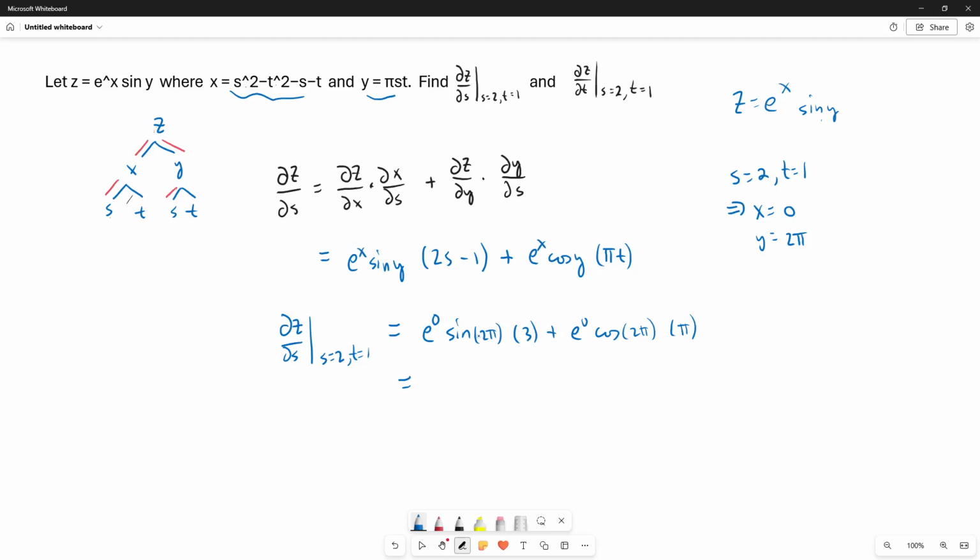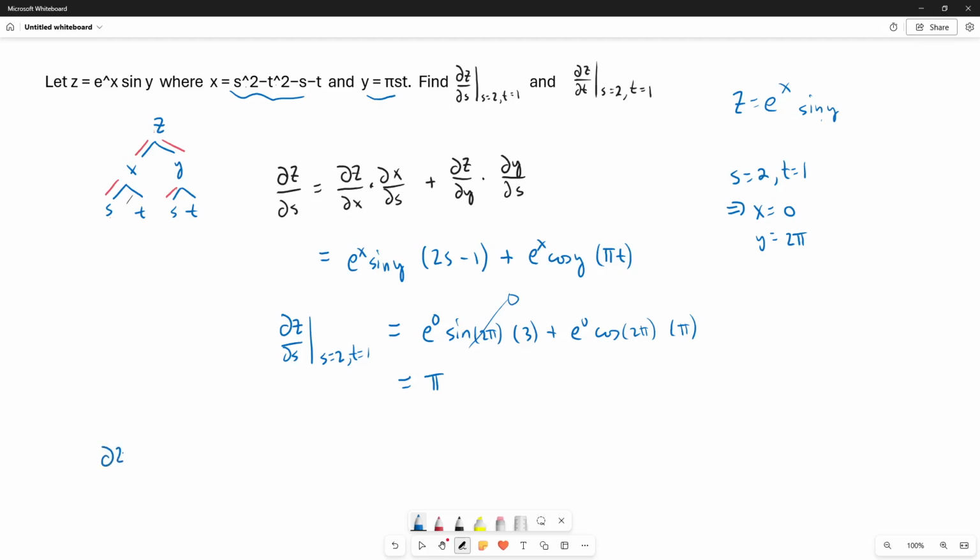The sine of 2 pi is 0. So this first term just becomes 0. And here we have cosine of 2 pi is 1, e to the 0 is 1, times pi, so we get pi. So the first partial derivative is pi.